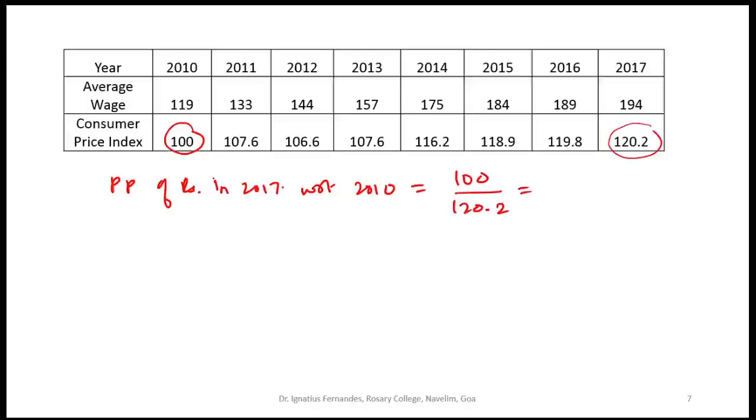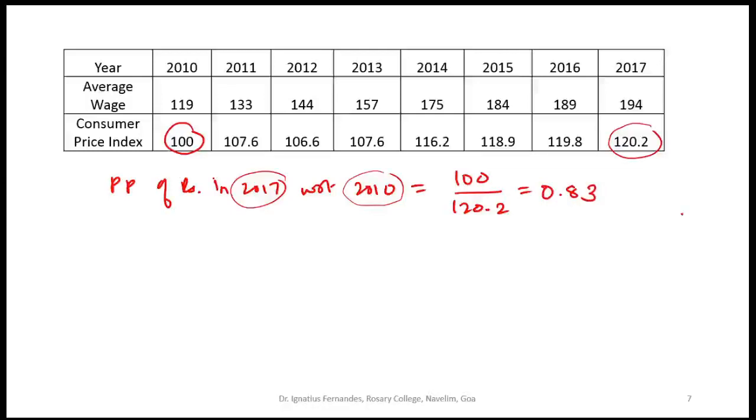I am comparing 2017 with respect to 2010. So we divide the price index of 2010 by that of 2017, that is 100 by 120.2, and this comes to 0.83.